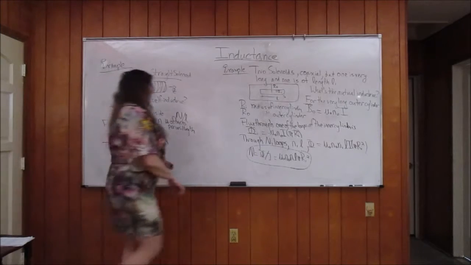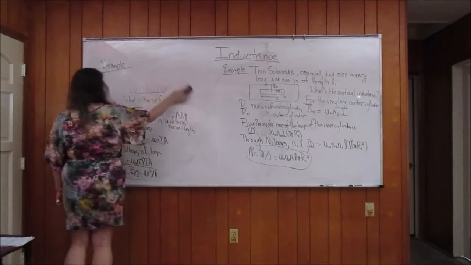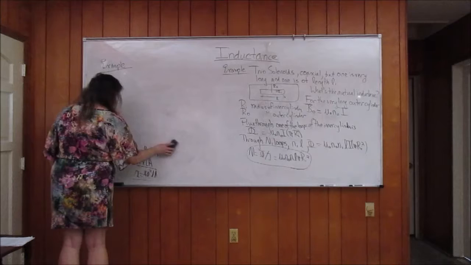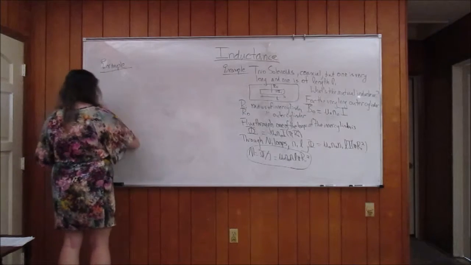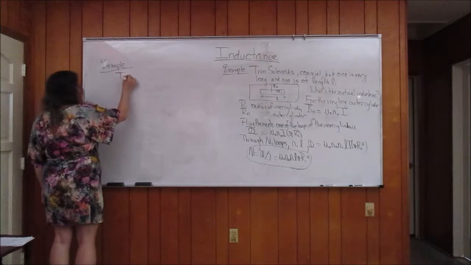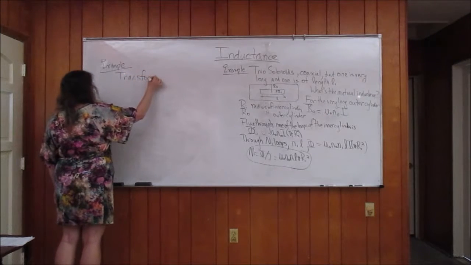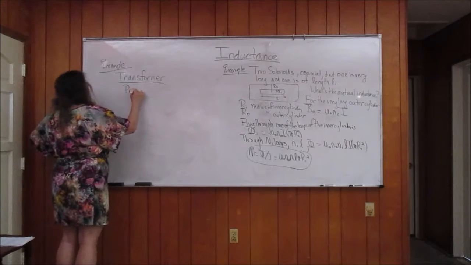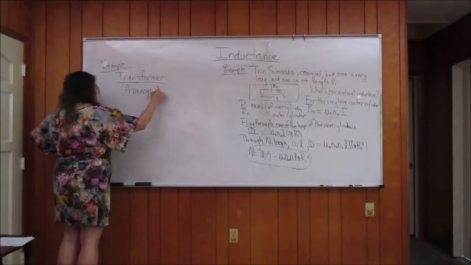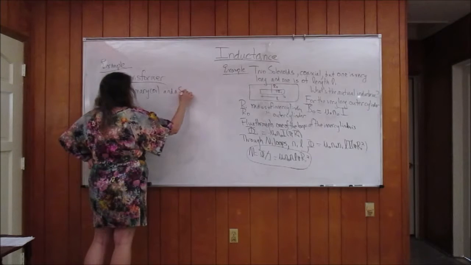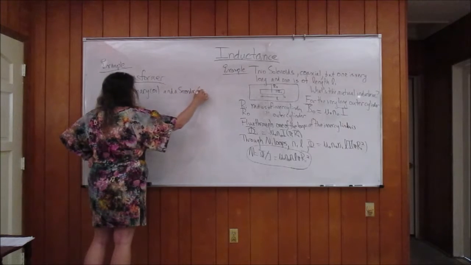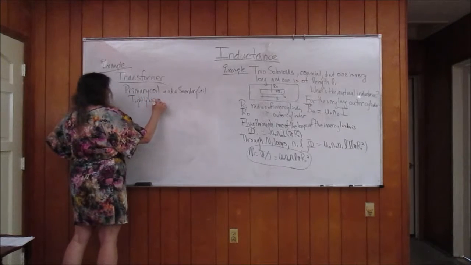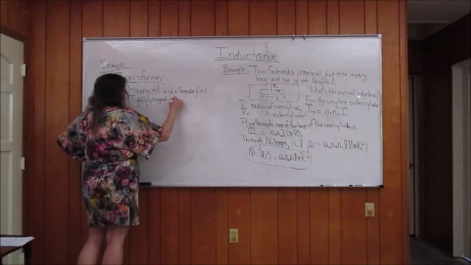Okay. So we looked at two cylinders. Let's take a look at a transformer now. Simple transformers are comprised of a primary coil and a secondary coil, and we'll assume that they're very tightly wrapped, basically around each other.